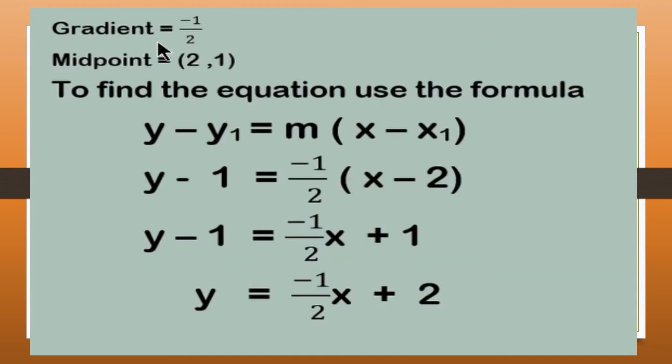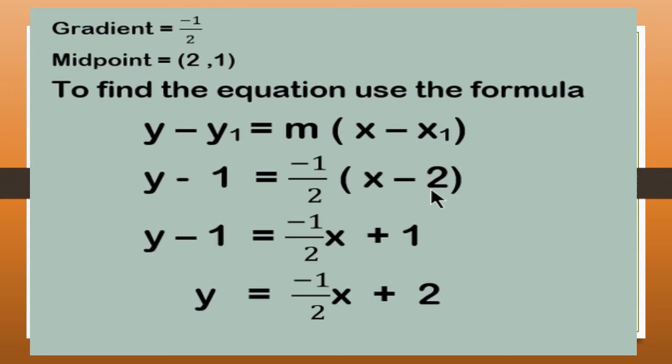Now that we have found the gradient and the midpoint, all we have to do is substitute them in the formula for finding the equation. The formula is y minus y1 is equal to m into x minus x1. In place of m, we substitute the gradient, which is -1/2, and in place of x1 and y1, we substitute the x and y coordinates. So x1 is 2 and y1 is 1.